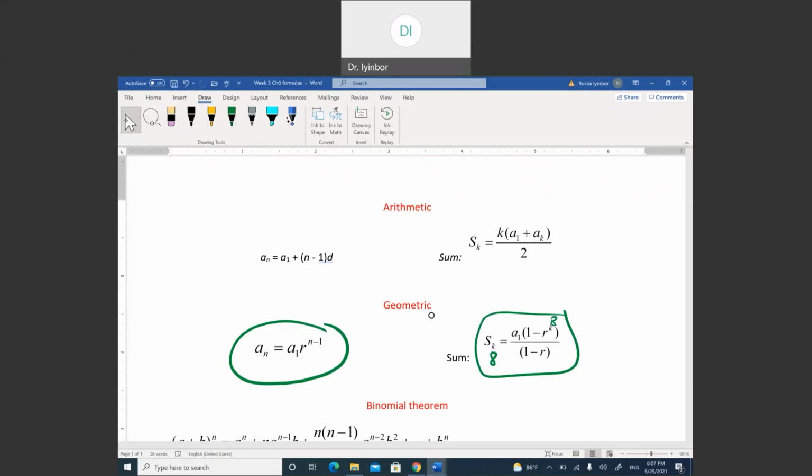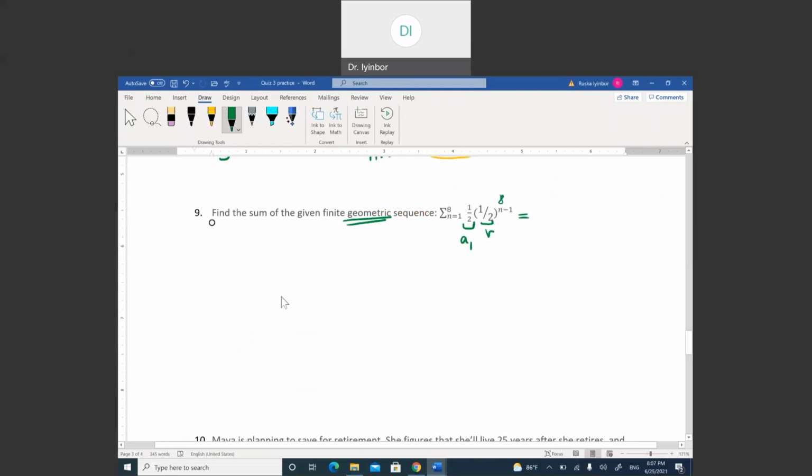Okay, and let's do that. I'm just going to copy this formula, and you're going to use this formula for this one. Okay, so I'm going to show both ways. You can expand it and write it down, or you can use this formula.